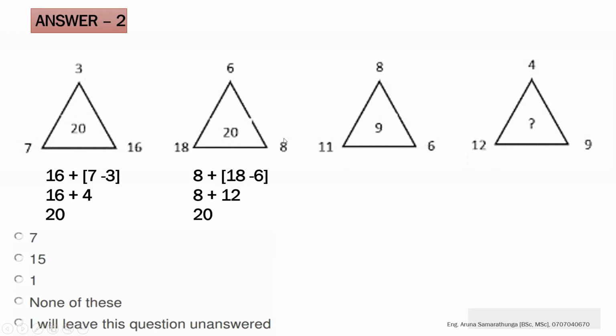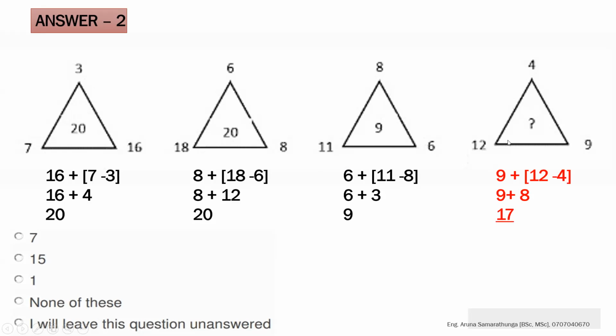Then adding that to this number, it will also become 20, the inside number. This is also the same thing. Take the 6 here and 8 subtracted from 11, it will become 3, and added to this 6 it will become 9. That equals this inside number.